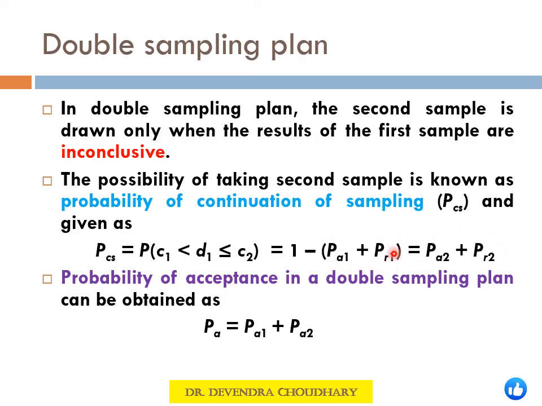So 1 minus these two probabilities gives us the probability of accepting the lot after second sample plus the probability of rejecting the lot after second sample. So when we take the sum of the probability of accepting the lot after first sample and after second sample, the sum of these two probabilities gives us the probability of accepting the lot in double sampling plan.